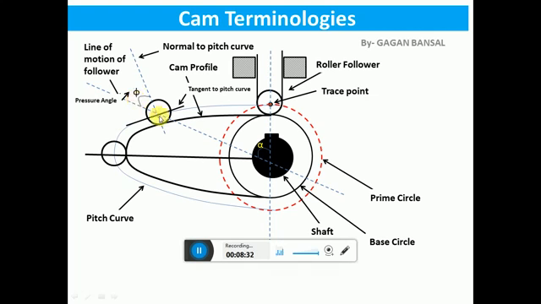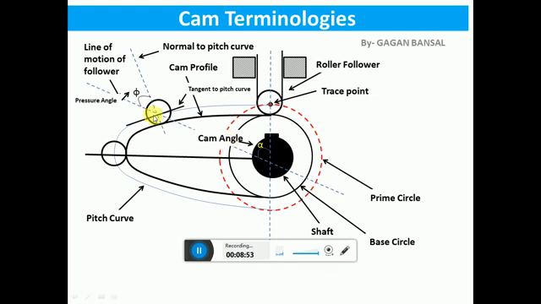And the point of maximum pressure angle is known as pitch point, but this angle is known as pressure angle, and the angle of rotation of the cam for a definite displacement of the follower is known as cam angle.